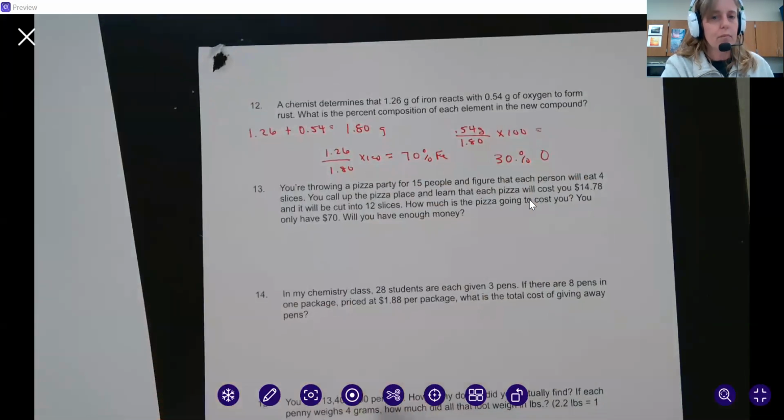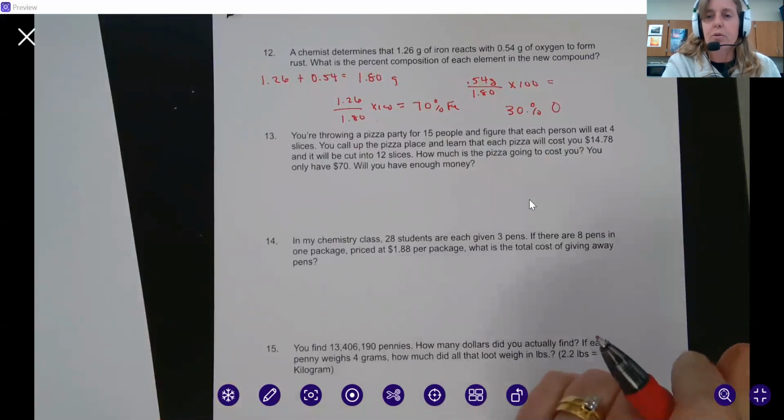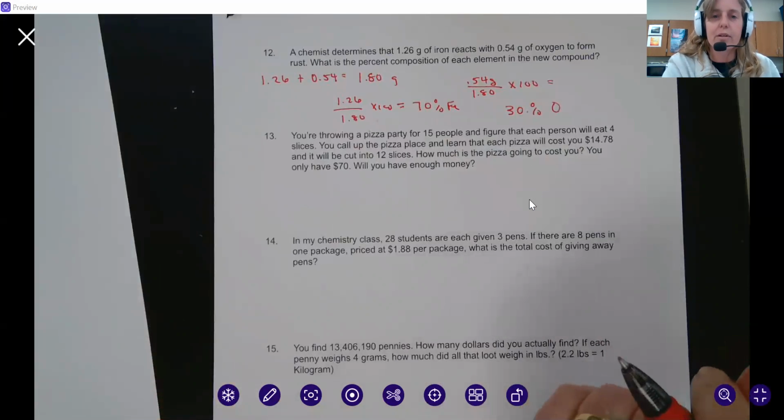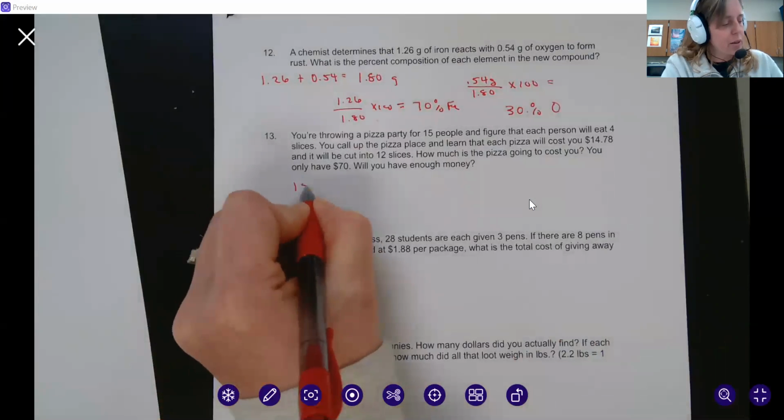Okay? All right, so now let's do a little bit of dimensional analysis. You're throwing a pizza party for 15 people and figure that each person will eat 4 slices. You call up the pizza place and learn that each pizza will cost you $14.78 and it will be cut into 12 slices. How much is the pizza going to cost you? You only have $70. Will you have enough money? Okay, so you have 15 people, right?